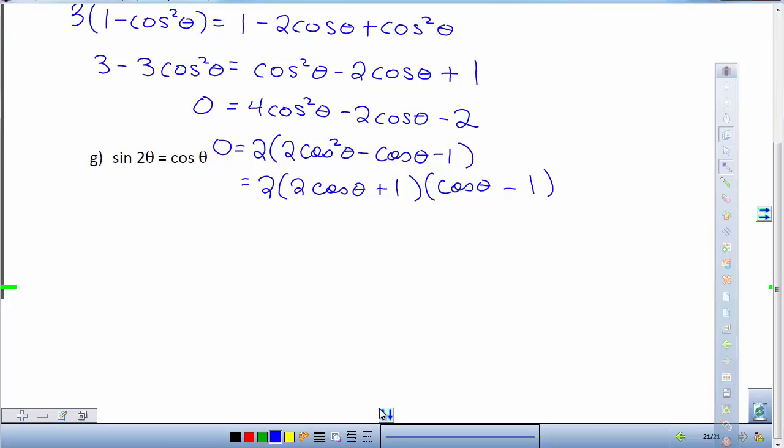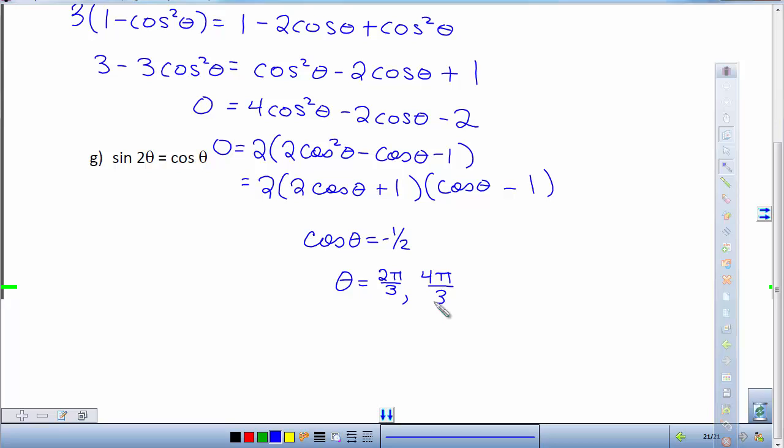Yes, okay. So I think we should know, we get cosine theta equals minus 1/2, and we said that that happens where? Theta equals 2 pi over 3 and 4 pi over 3. Is that right? Okay, I'm thinking about my reference of pi over 3.